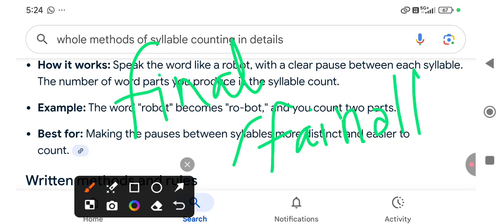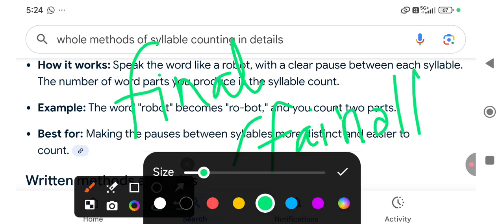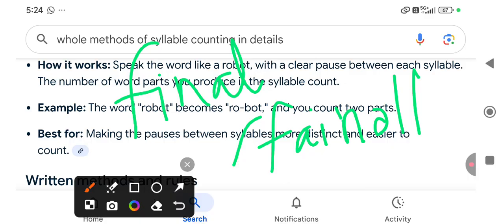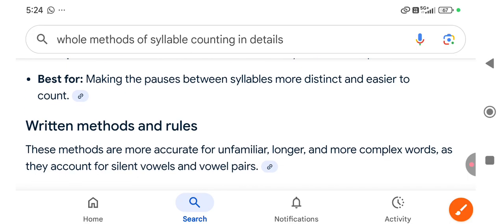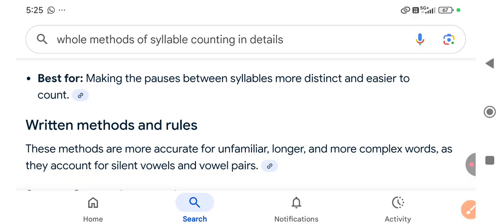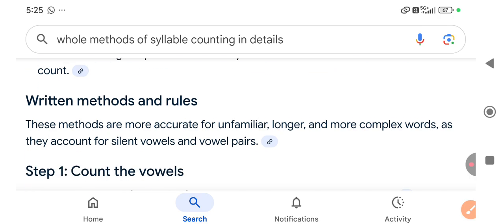So here the "i" is a diphthong that will be counted as one, and the other is number two. So this is a two-syllable word because two vowels are used. Okay, making the pause between syllables more distinct and easier to count, right? So that is also one of the methods.